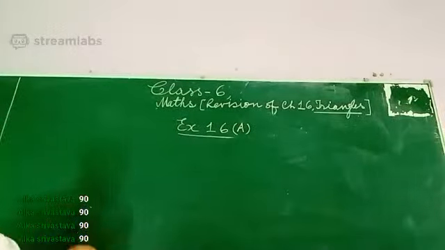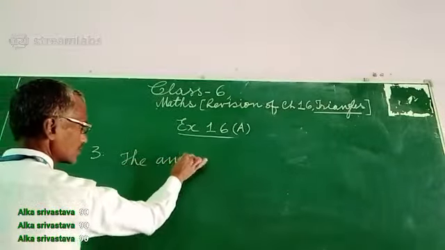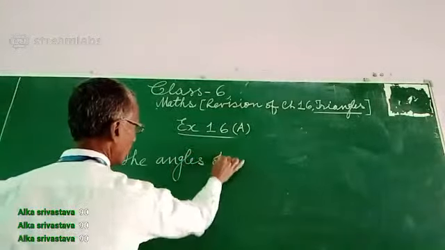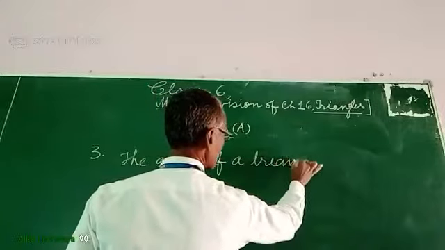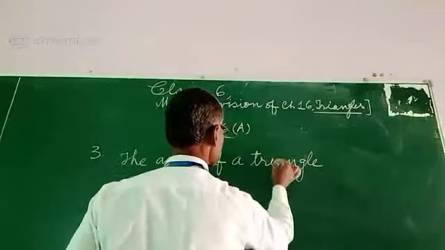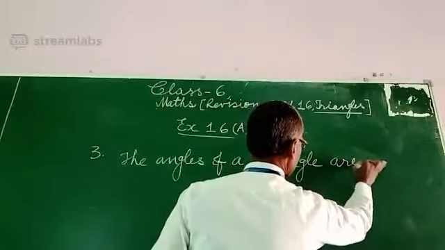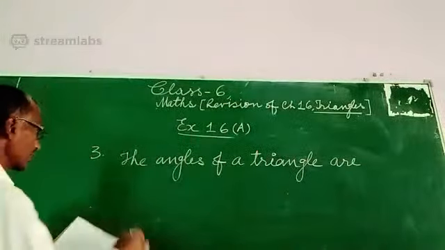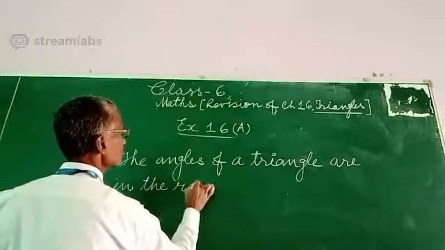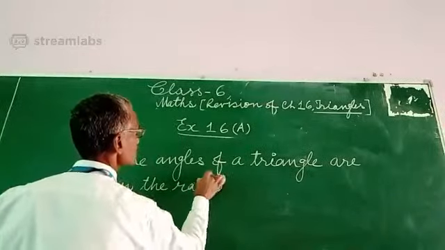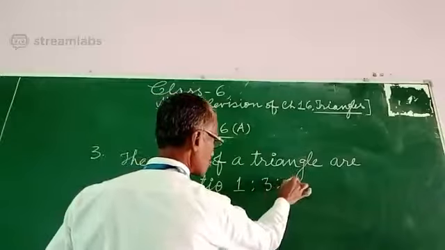In a triangle, the angles of a triangle are in the ratio 1:3:5.